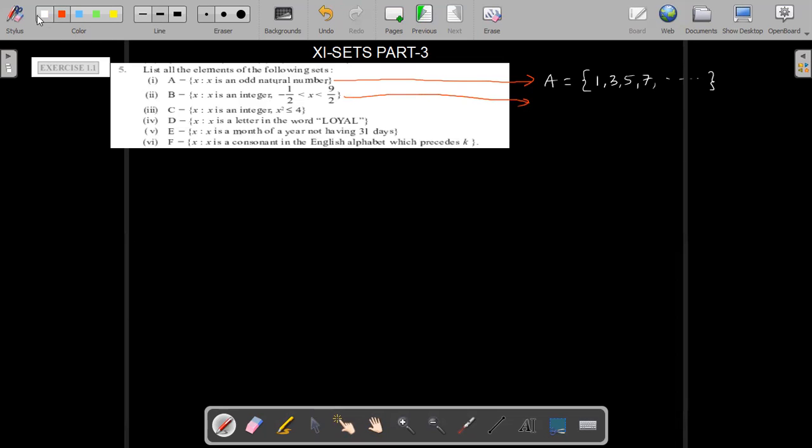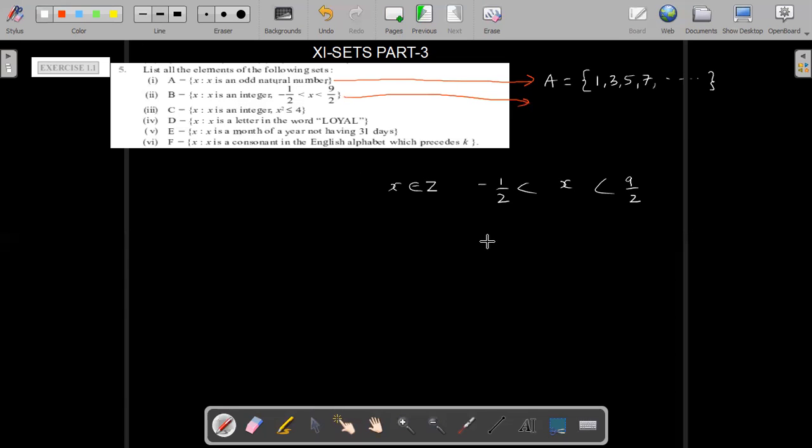Similarly, in this question, we analyze it: x is an integer, x belongs to Z. What are the integers? 0, plus minus 1, plus minus 2. But x is greater than minus 1 by 2 and less than 9 by 2.